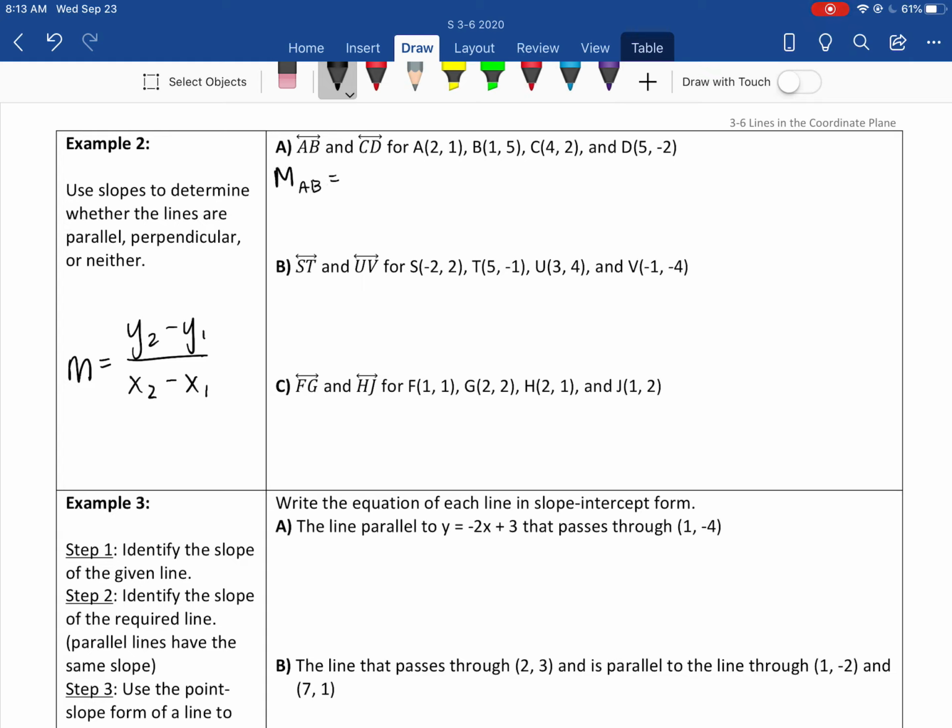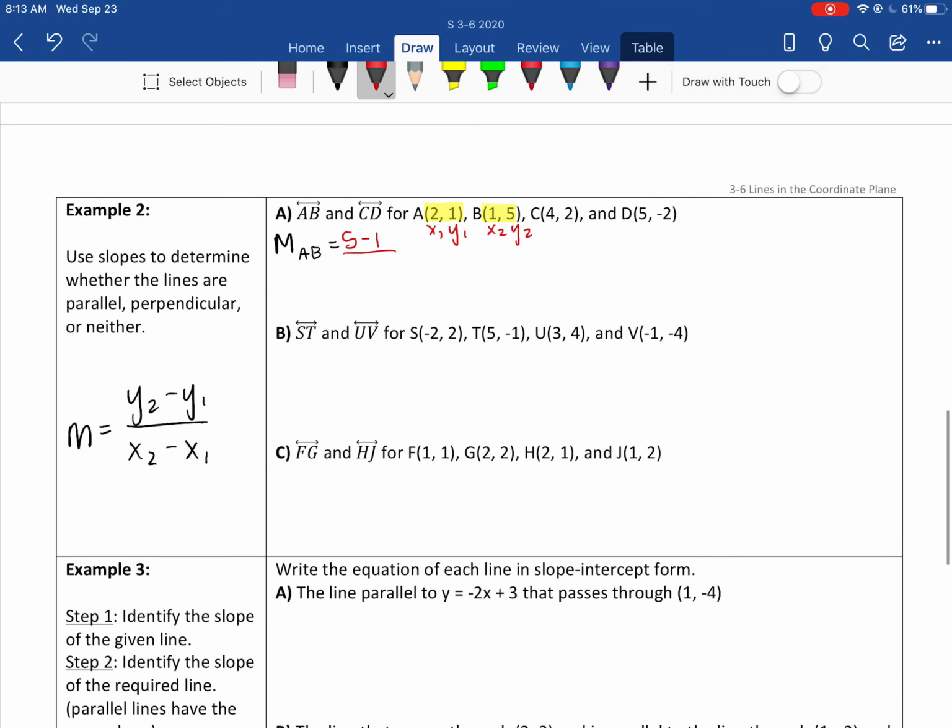All right, so we want to find the slope of line AB. So that means I'm going to be using this line and this line. So I'm going to say this is x1, y1, x2, y2. Okay, so we're first going to find the slope of my yellow highlighted points. So we do y2 minus y1, so that's 5 minus 1, over x2 minus x1, which is 1 minus 2.